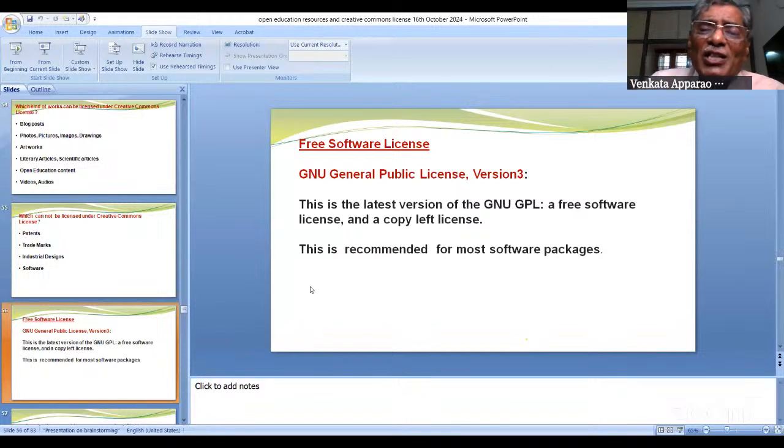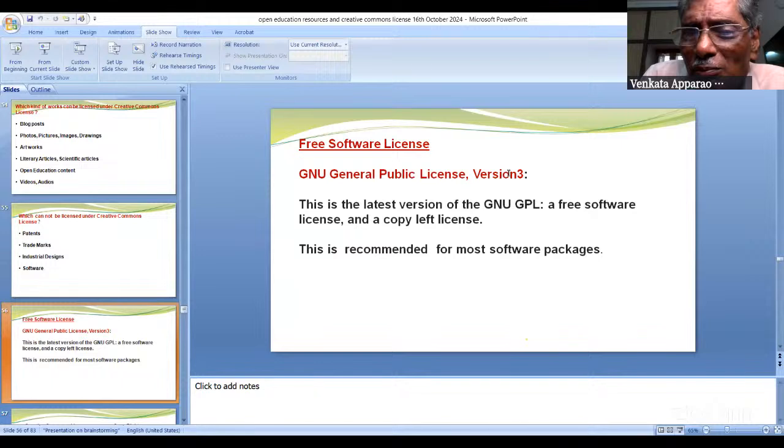So this is free software. Now your answer to your question. Then which organization will give license for free software? Free and open source software we have discussed at length. GNU General Public License version 3. Right?